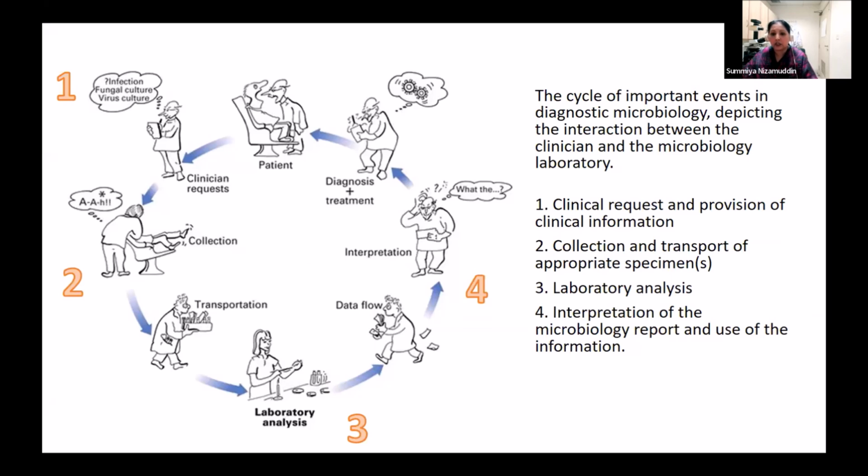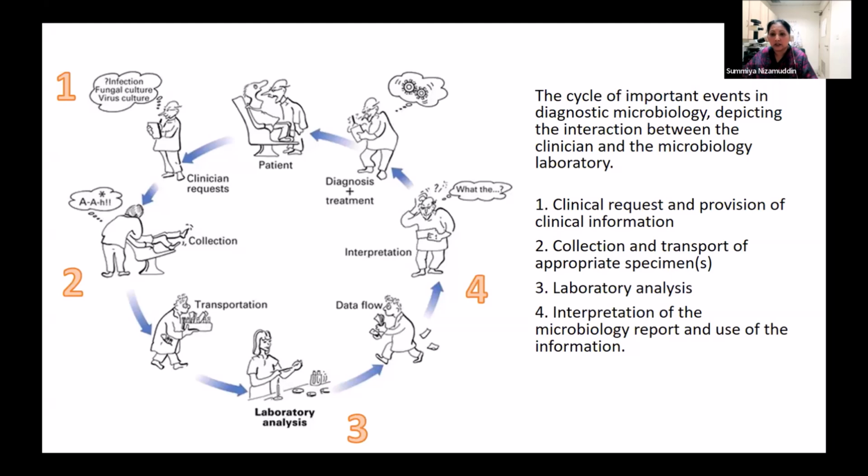Many a time physicians might not know about some specific tests, and it would always be handy to at least call the lab and discuss with them, for example, that a patient came in and this is what I'm suspecting, and what test do you think would be appropriate in this scenario.